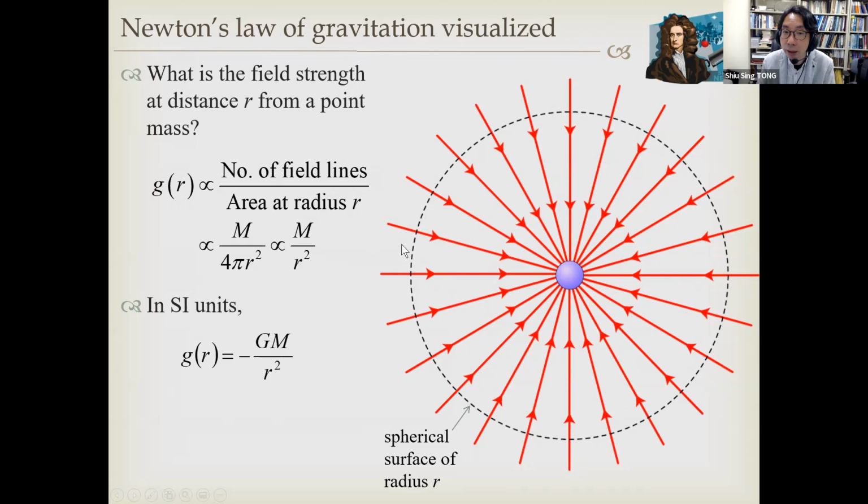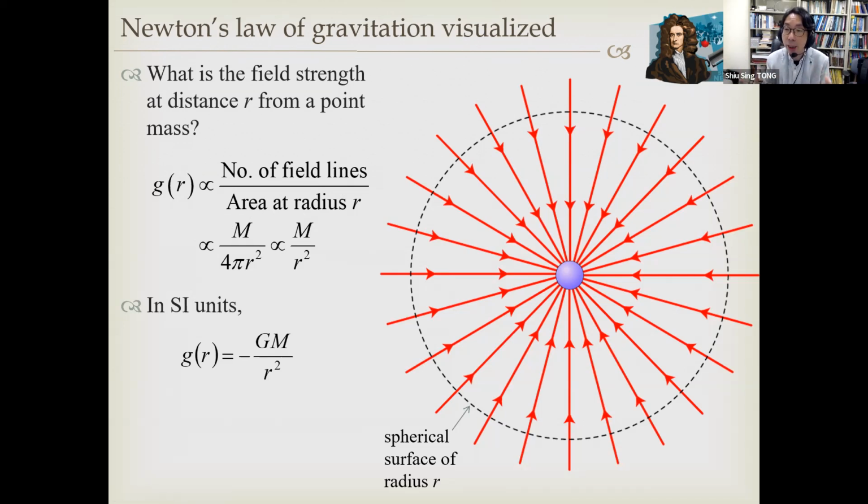So imagine that this dotted line is a very large spherical shell enclosing the point mass at its center. The very large sphere now intercepts the field lines coming into it. If we are going to find the gravitational field strength here, I have to find the total number of field lines intercepting this spherical surface and divide by the area.